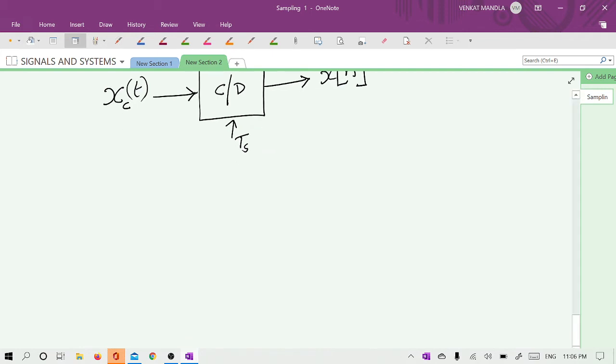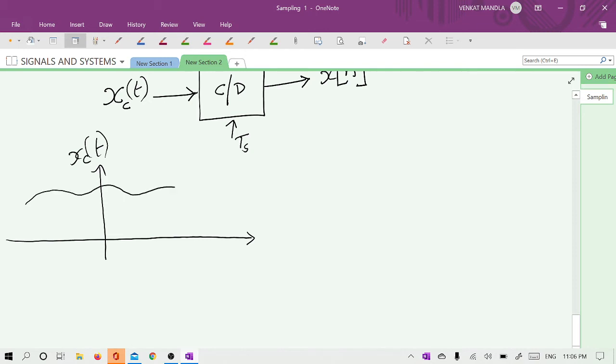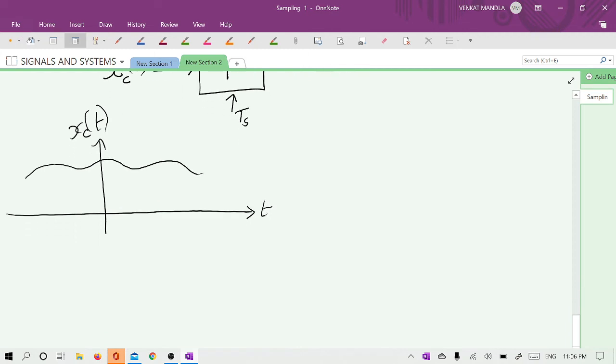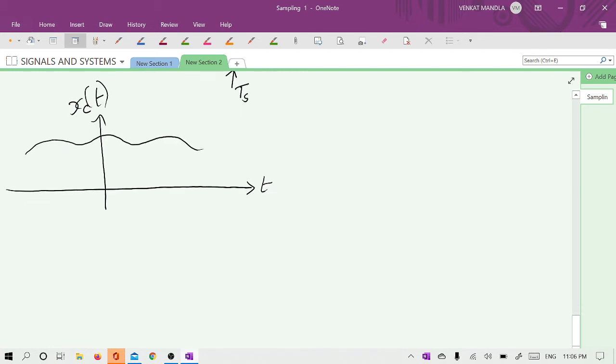First, I will represent all these things graphically. If I have x c of t like this, a continuous time signal like this, I want to discretize this x c of t. So I will multiply it with this impulse train.